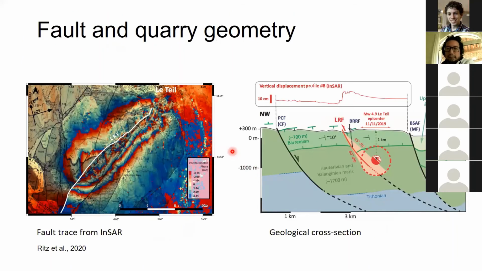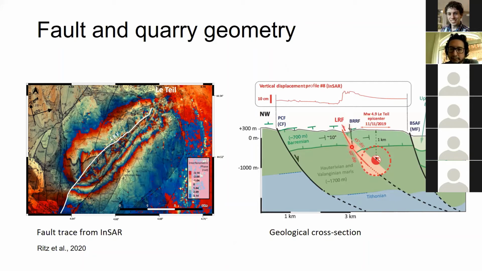This fault geometry is basically constructed from the surface rupture traces identified mostly from the InSAR observation, and also the geological cross section. We can see that the fault is trending mostly to the northeast, and the dip of the fault ranges from 45 degrees to 60 degrees.